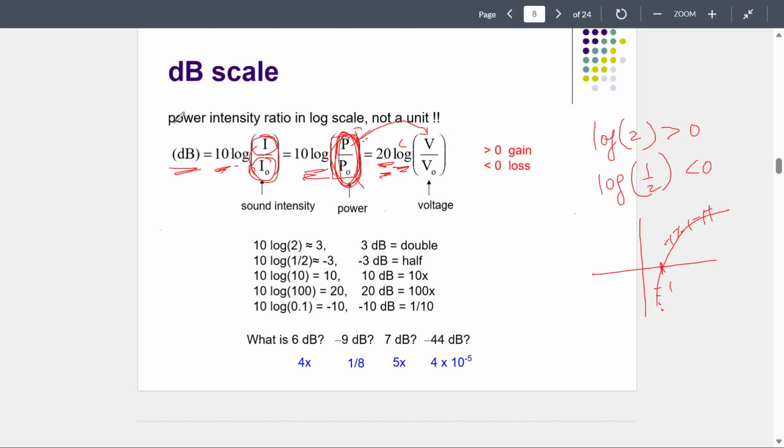For EE, we are comparing, for example, the output power over the input power. If this is greater than 1, that means I have a gain, most likely an amplifier. If the ratio is less than 1, that means this is negative dB, then I have loss, like going through a filter, an attenuator, and so on.